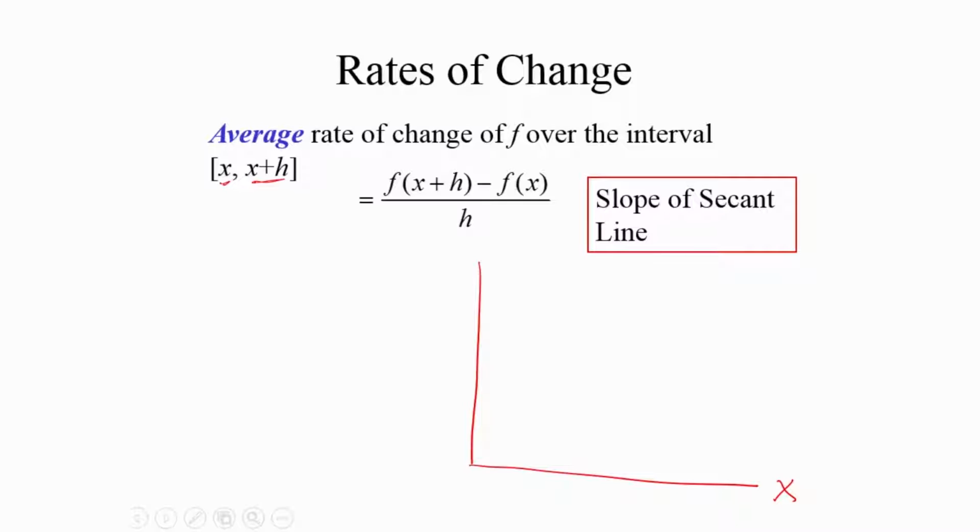Let's say here is x, here is y. Let's say we have a quadratic function, and this quadratic function is going to give us a curve, an upside-down U-shaped curve like this, right?